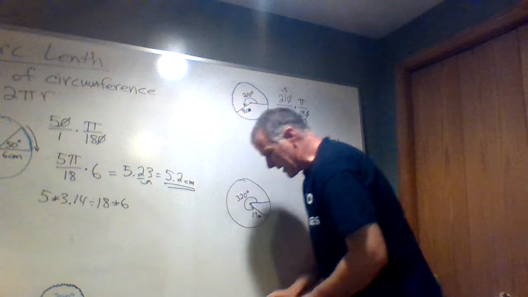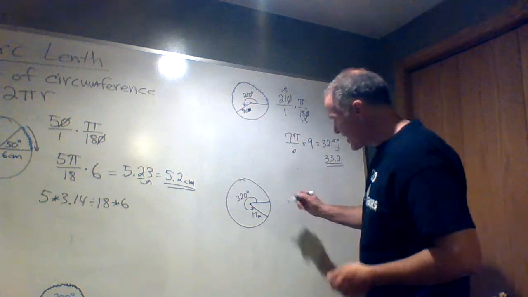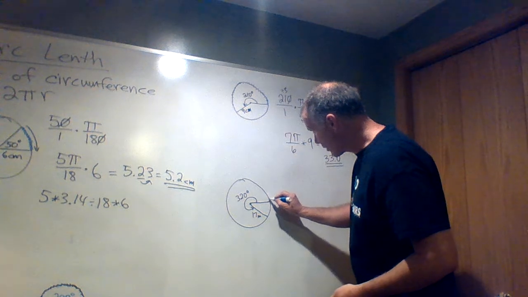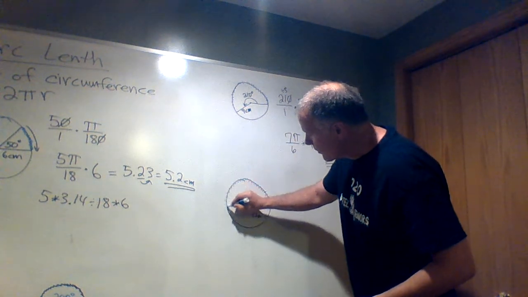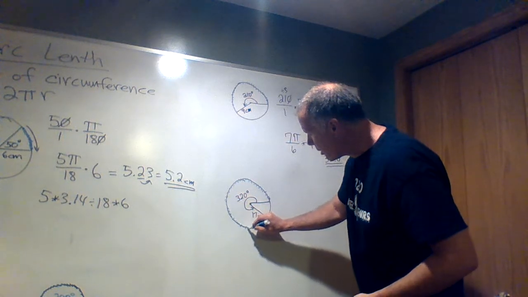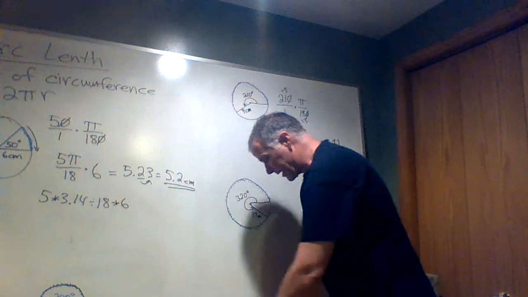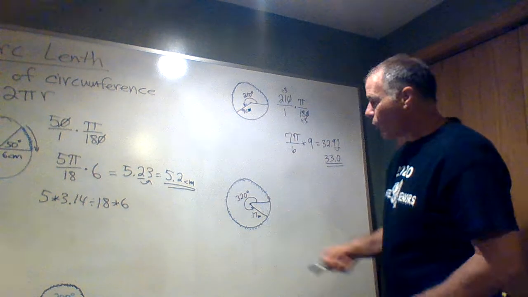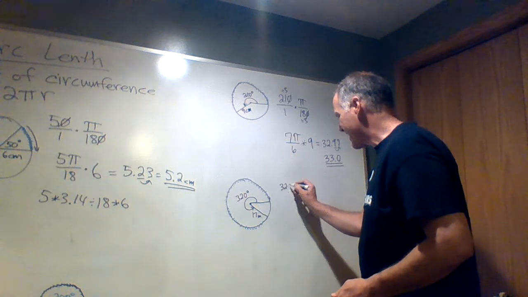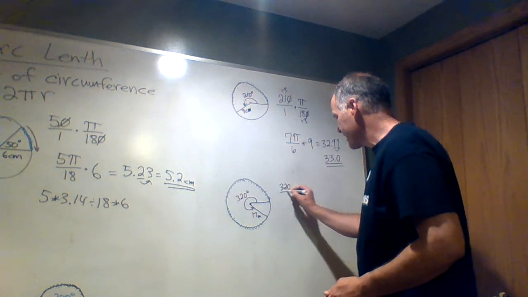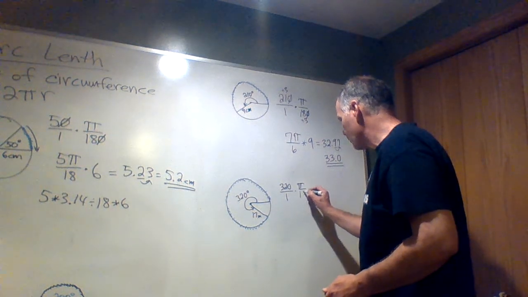Okay, last one. Now again, guys, engineering again. So this time we're swinging from here all the way around. All the way around. Boom, right there. You can see right here, 320 degrees. Now what's nice, guys, is a lot of this is the same math. 320 over 1 times pi over 180.